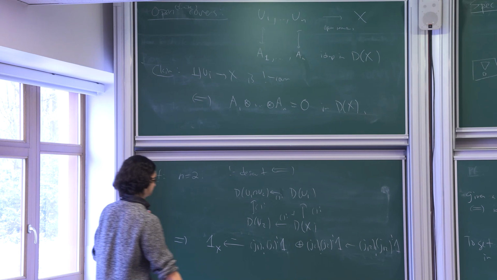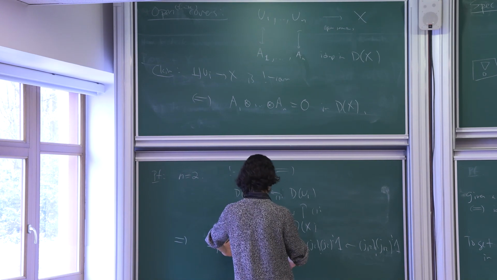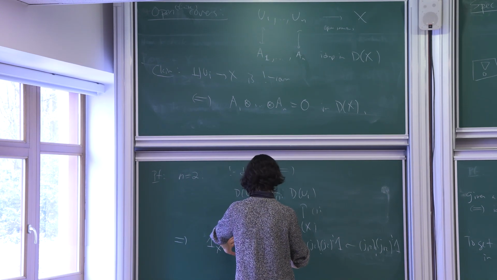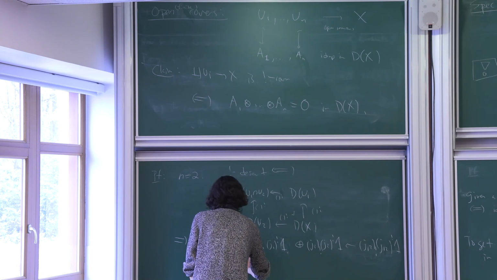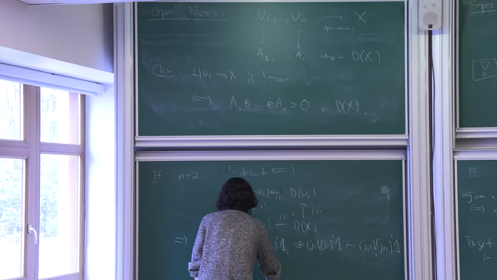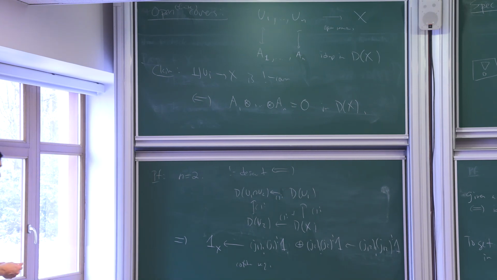Okay. So you have some kind of Mayer-Vietoris sequence like this. So this is a cofiber sequence. And then you have formulas for everything.